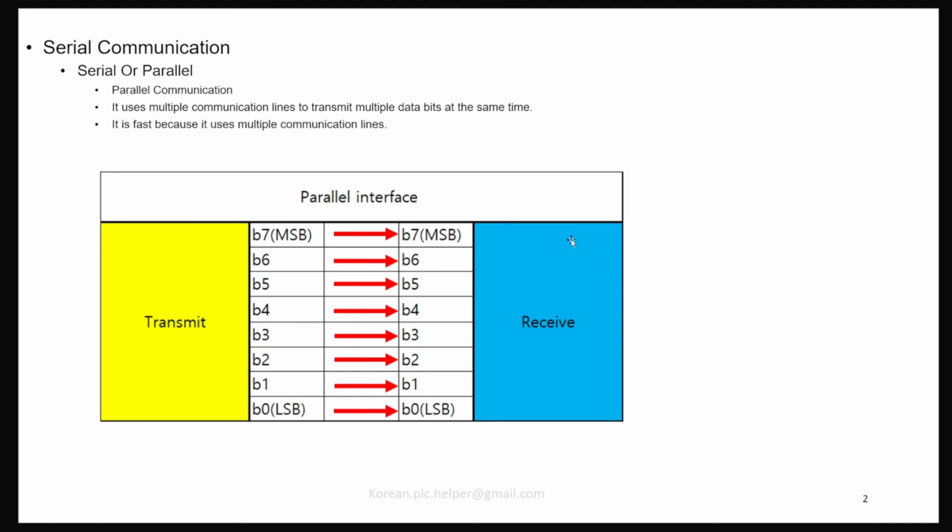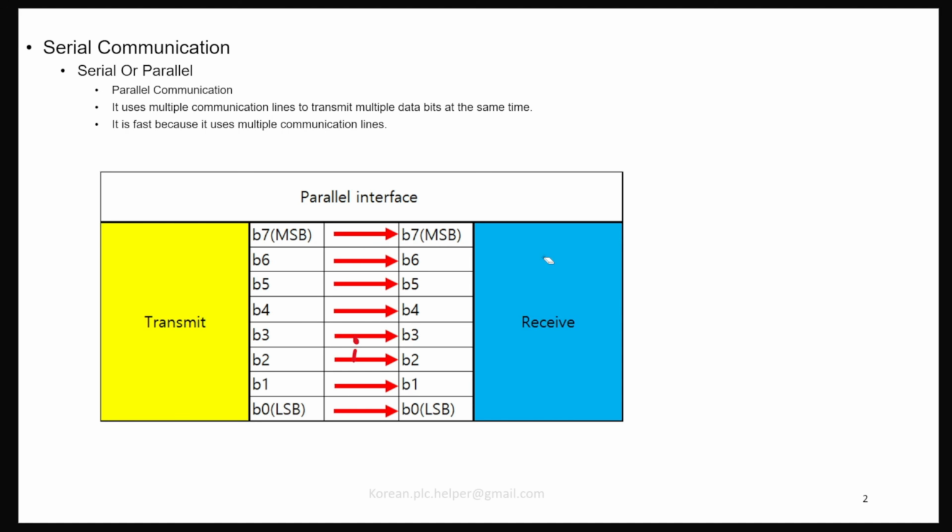However, using multiple communication lines creates several problems. First, as the clock frequency increases, noise and crosstalk are more likely to occur between adjacent communication lines, for example here, here, here.